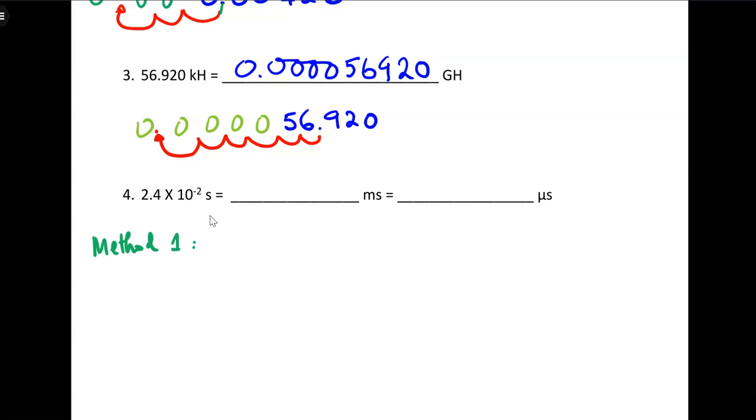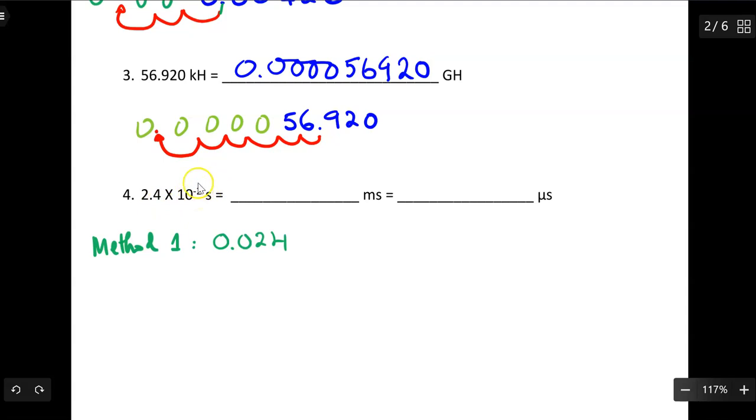So anyway, I was talking about 2.4 times 10 to the negative 2. Okay, so this turned into 0.024. In the previous lesson, we converted a number from scientific notation to a decimal notation. So this is your exponent, negative 2, right?